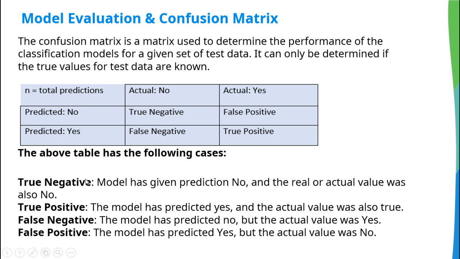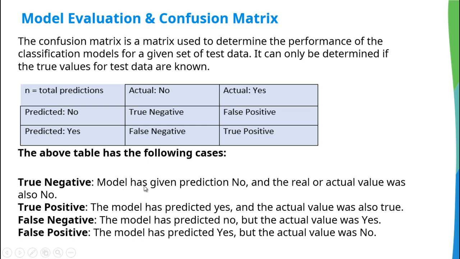Now, if you look at the definition of each of them, true negative means the model has given the prediction as no, and the actual value was also no. Maybe somebody has asked whether a patient has a disease. You don't know whether the patient actually has a disease, but you want the machine to predict for you whether it is true or not.